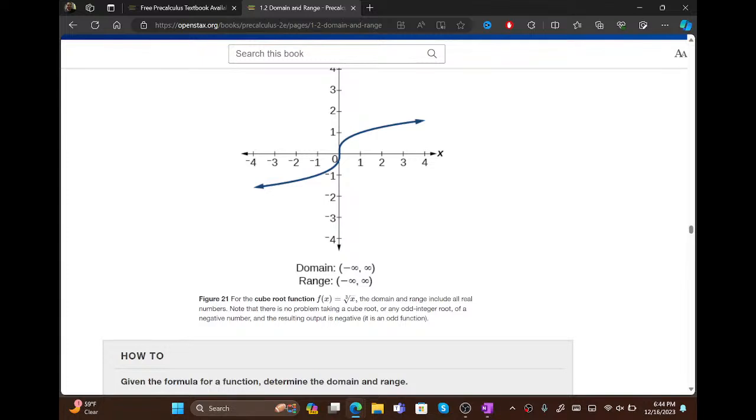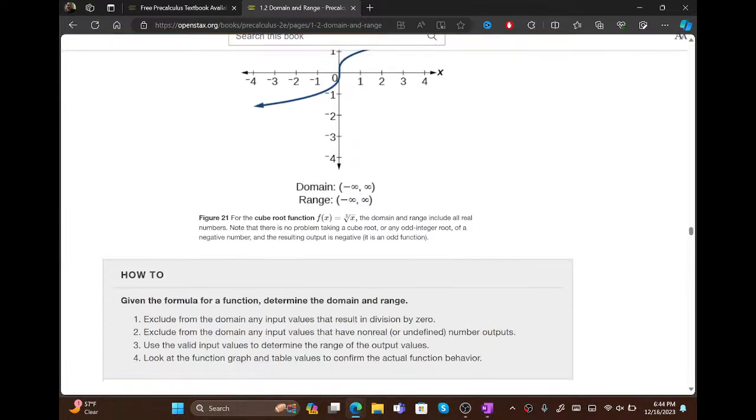I will go more over that later. But this is one where the domain and range is -infinity to infinity because it's all real numbers for both the x and y axis. And this is the graphical representation. As you can see, we don't really have any restrictions here.